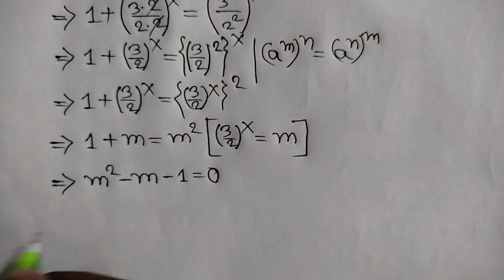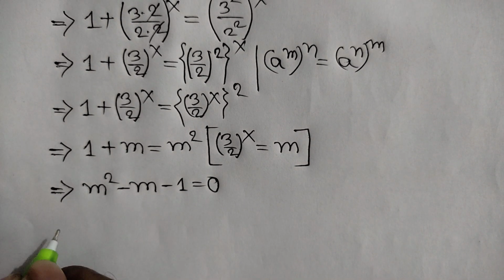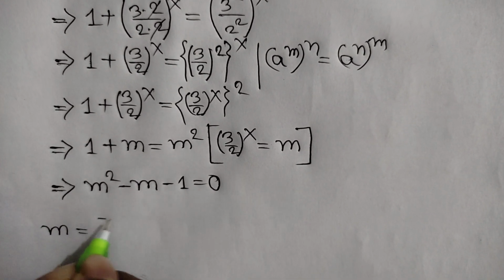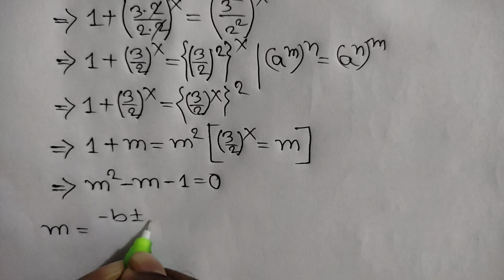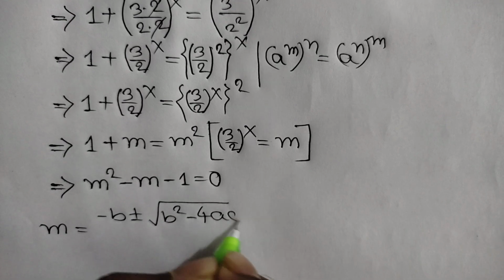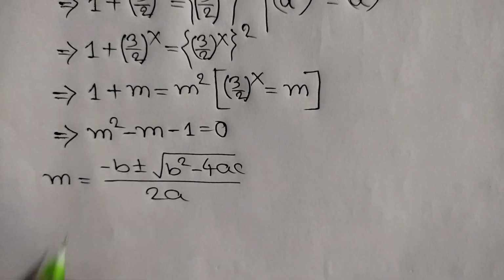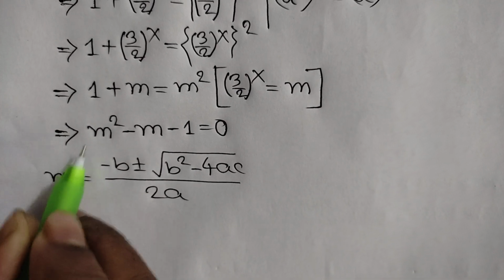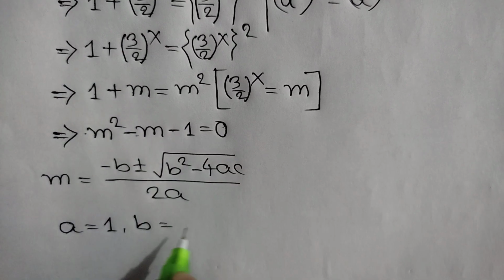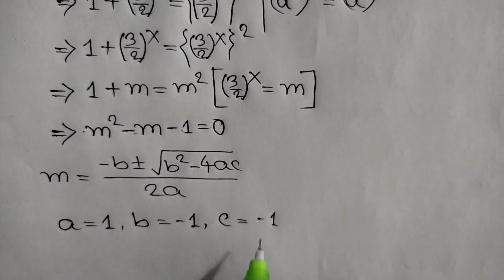Now here we can apply the quadratic formula. The formula is m is equal to minus b plus or minus square root of b square minus 4ac over 2a. Here a is equal to 1, b is equal to negative 1, and c is equal to negative 1.